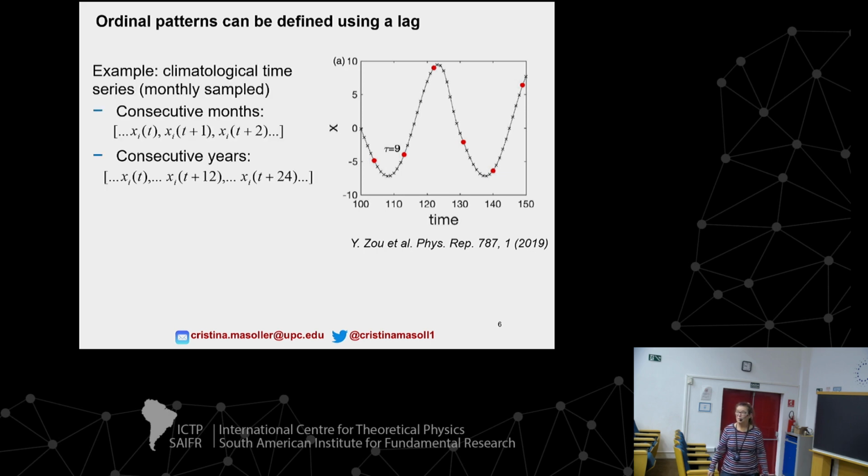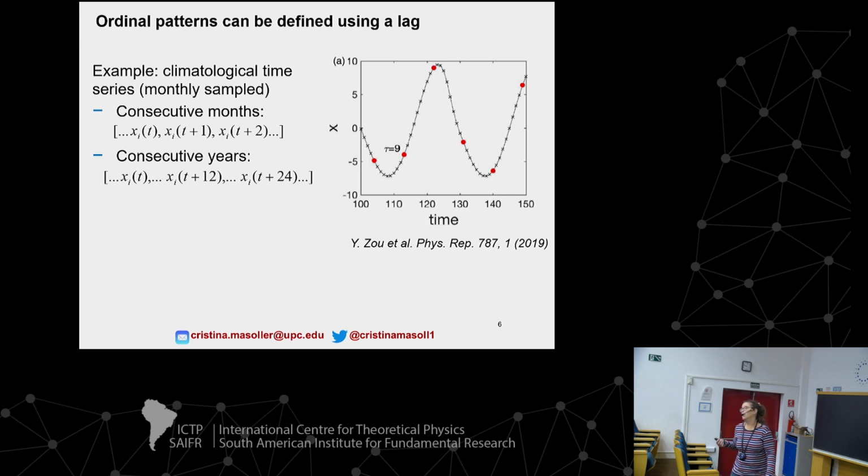We have used this possibility in particular for climate data because the results that you obtain, assuming that the data is monthly sampled, that means filtering out the weather, the noise, just taking a moving window and averaging data points in a month's window. Well, the results you obtain by constructing patterns with consecutive months completely differ if you consider consecutive years.